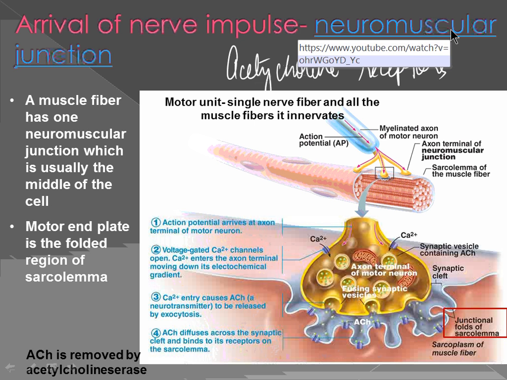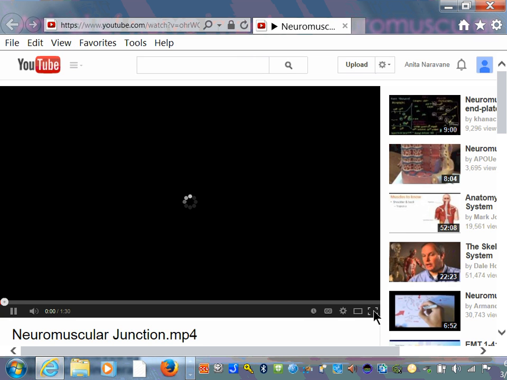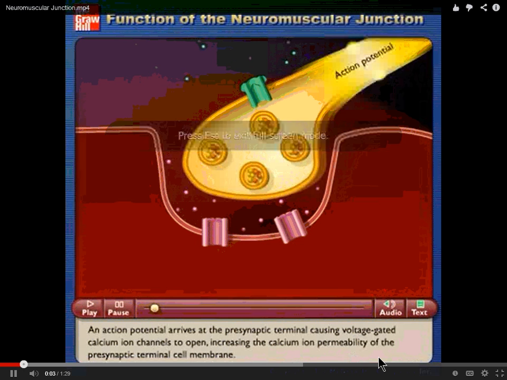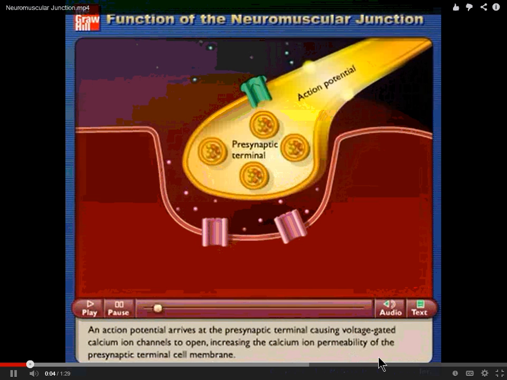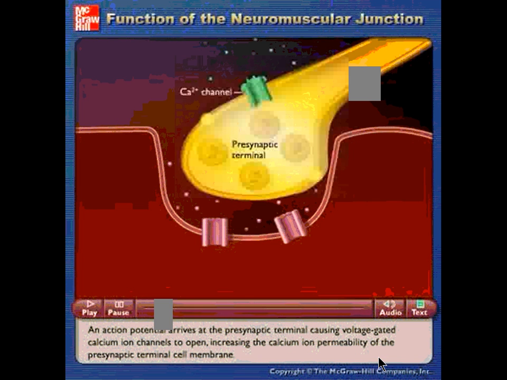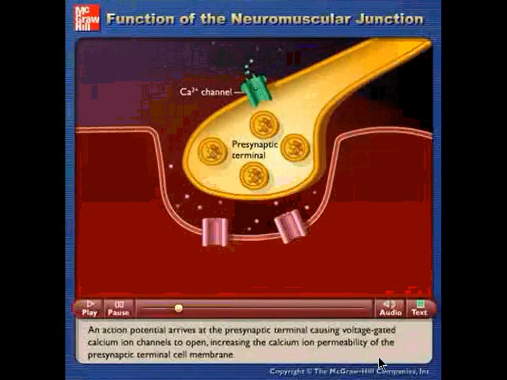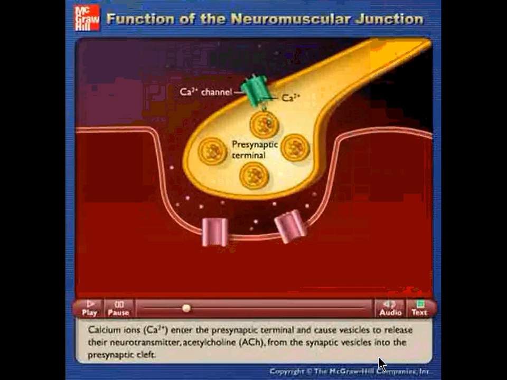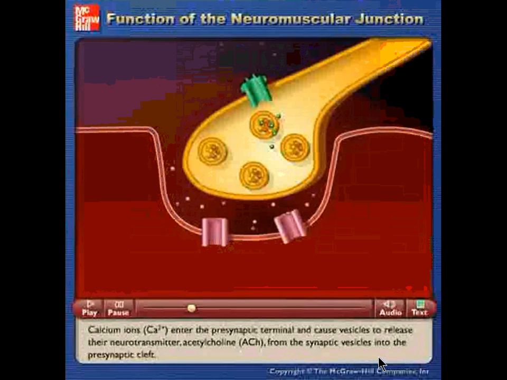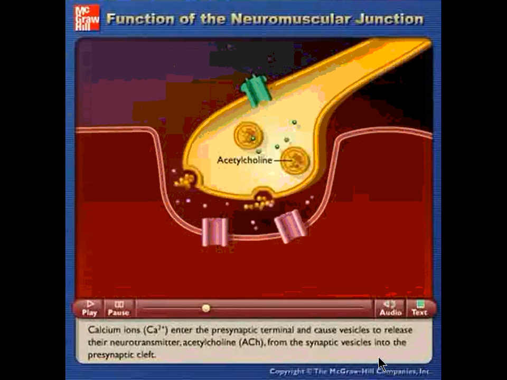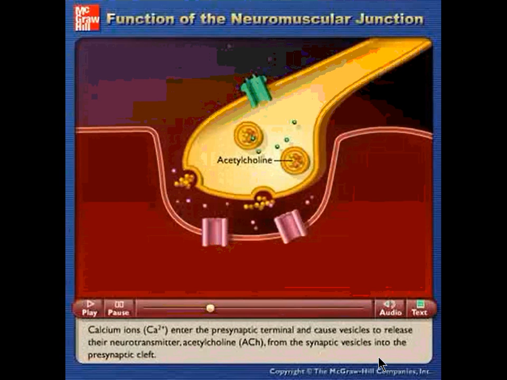So let's look at this neuromuscular junction. An action potential arrives at the presynaptic terminal, causing voltage-gated calcium ion channels to open, increasing the calcium ion permeability of the presynaptic terminal cell membrane. Calcium ions enter the presynaptic terminal and cause release of the neurotransmitter acetylcholine from the synaptic vesicles into the synaptic cleft.